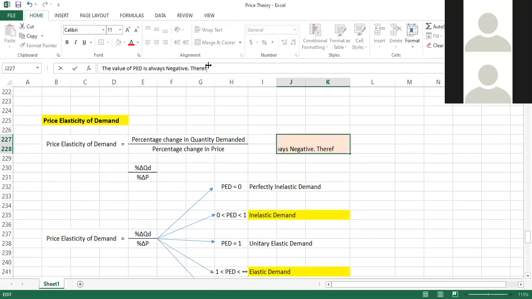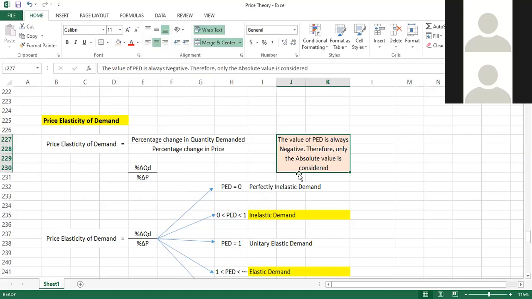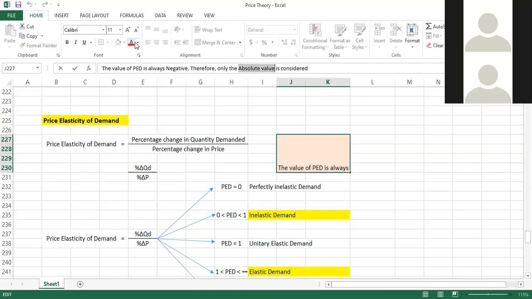Only the absolute value is considered. This is applicable only to the price elasticity of demand. For other elasticity conditions, we have to consider the sign also, but for PED we consider only the absolute value.